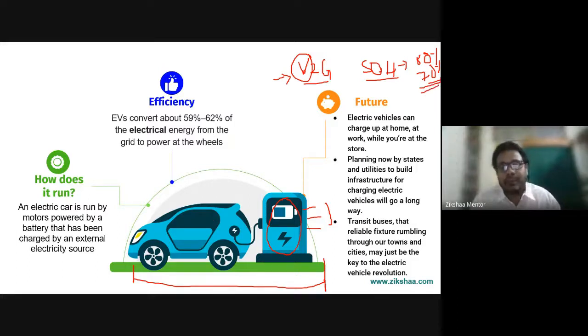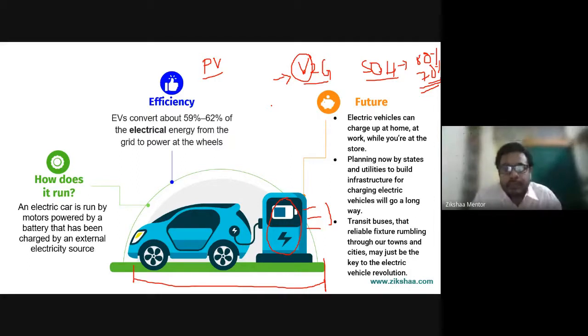But it is perfectly fine to use as a solar PV battery, and also in any standalone energy storage systems. So that is what we can use it for in the future. There are a number of companies who will take your electric vehicle batteries and use them for solar PV batteries as well.